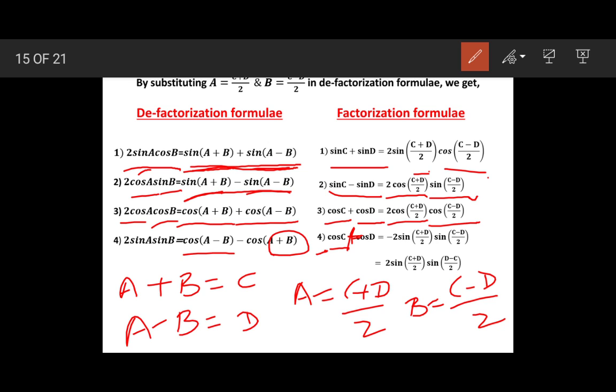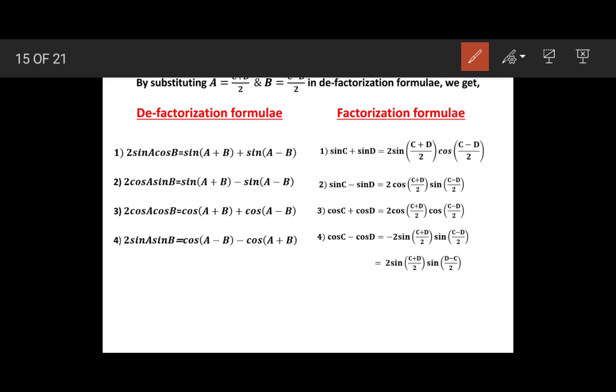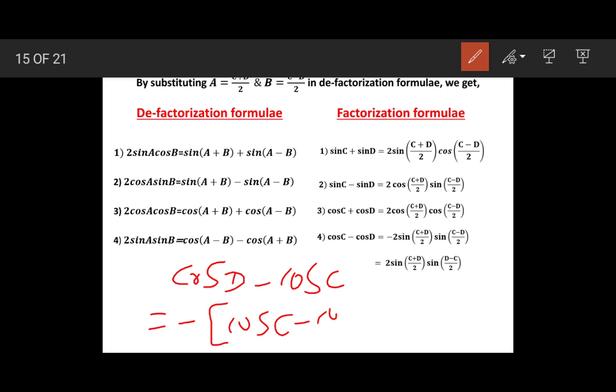In the fourth formula, this is cos d minus cos c. By taking the minus sign common, I get cos c minus cos d. Then I am taking this minus sign to the left hand side. So cos C minus cos D is equal to minus 2 sin A sin B.